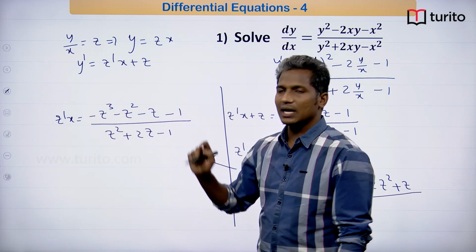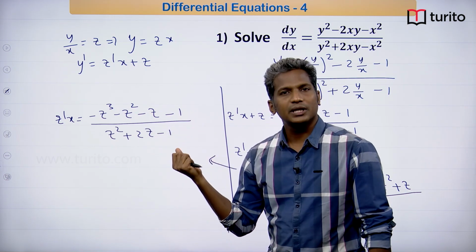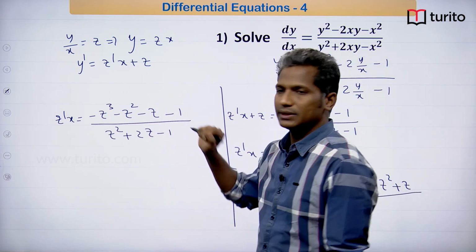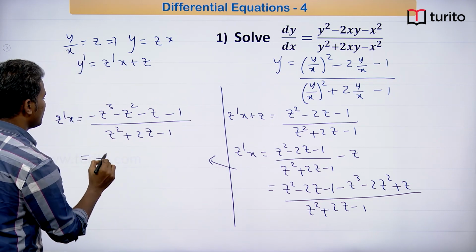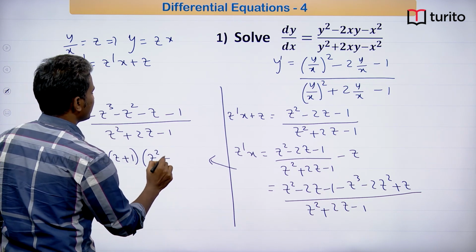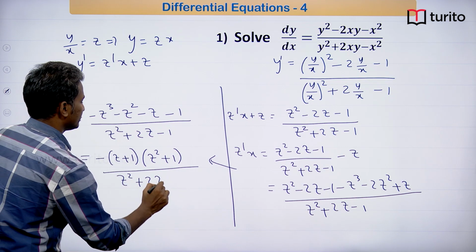Even though the numerator has degree 3, it is easily factorizable. z plus 1 is a common factor, so if I take z plus 1 common, we can write it as minus into z plus 1 into z square plus 1. These are the factors of the numerator.